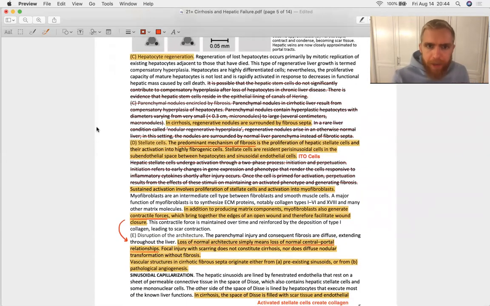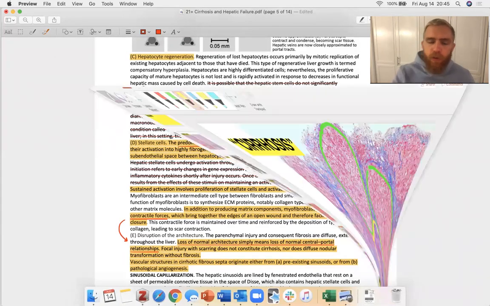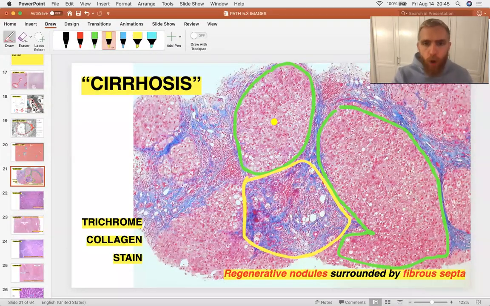Hepatocyte regeneration occurs after necrosis, and this is what makes your regenerative nodules, which are surrounded by fibrous septa. And so let's take a look at some more of these nodules. Again, the nodules contain nothing but regenerated hepatocytes. There's a dearth of sinusoids. There's a dearth of bile ductules.